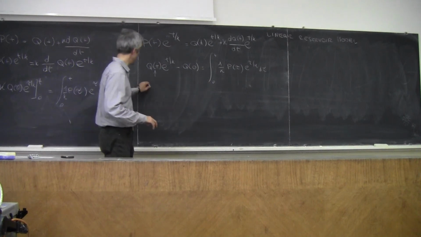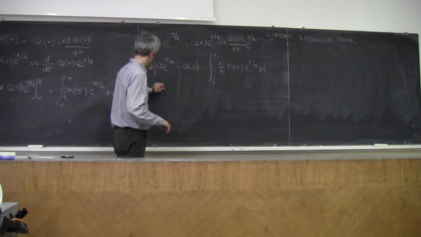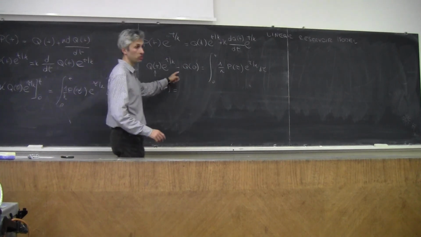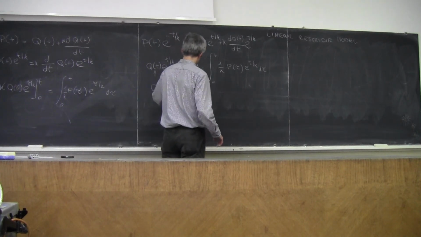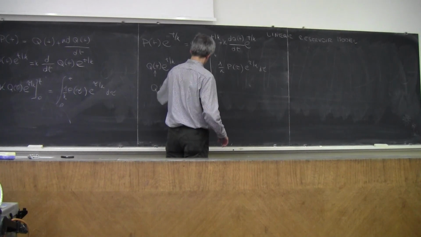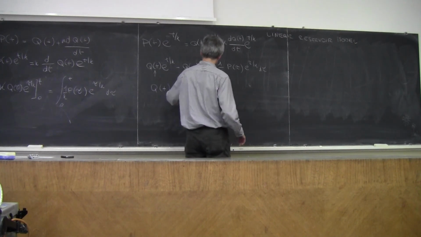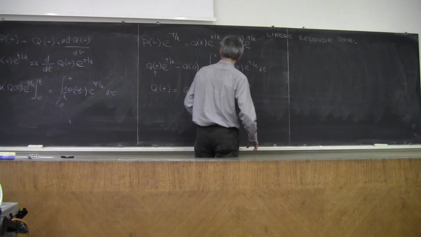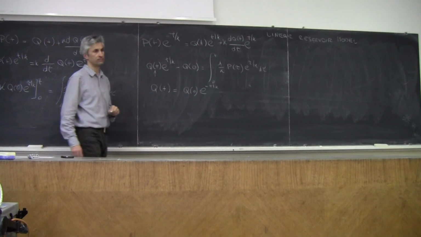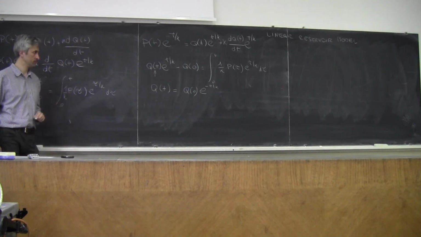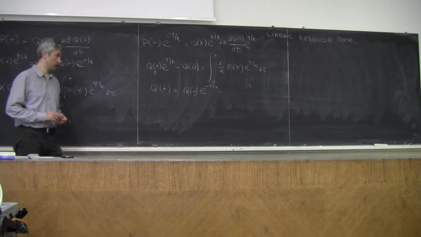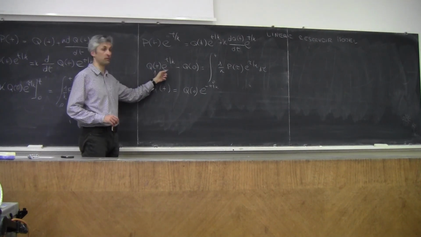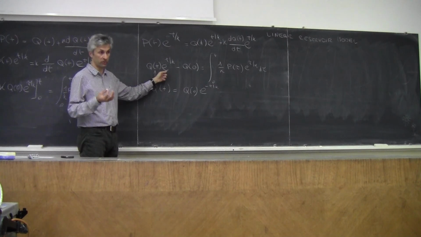So let's write q_t is equal to q_0, which multiplies e to the power of minus t over k, because, you know, here I have q_t multiplied by e to the power of t over k.